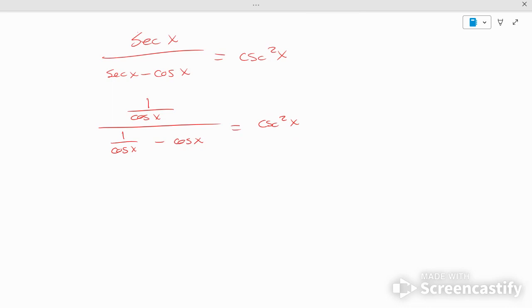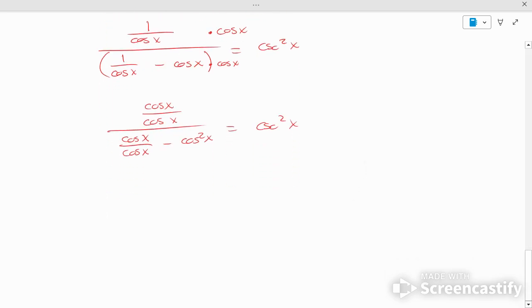How do I get rid of my complex fraction? Multiply by the denominator of the denominator. So I multiply the whole thing by the cosine, not just one of them, the whole thing. So I get cosine of x over cosine of x over cosine of x over cosine of x minus cosine squared of x equals cosecant squared of x.